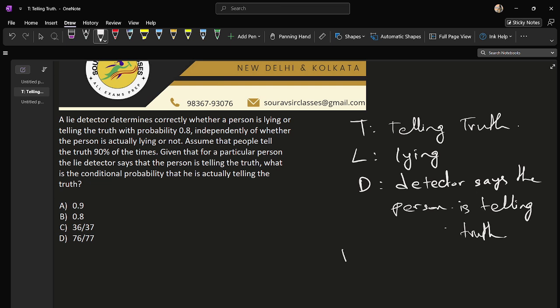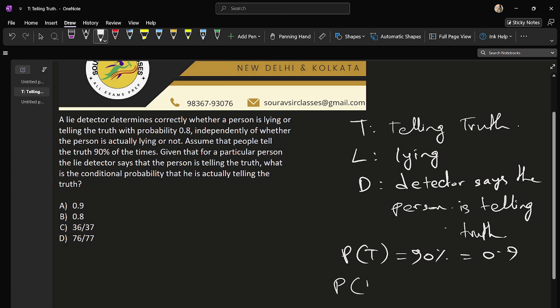Okay. So now we are given P(T) equals 90%, which is 0.9, and P(L) will be 0.1, because that is 1 minus 0.9.